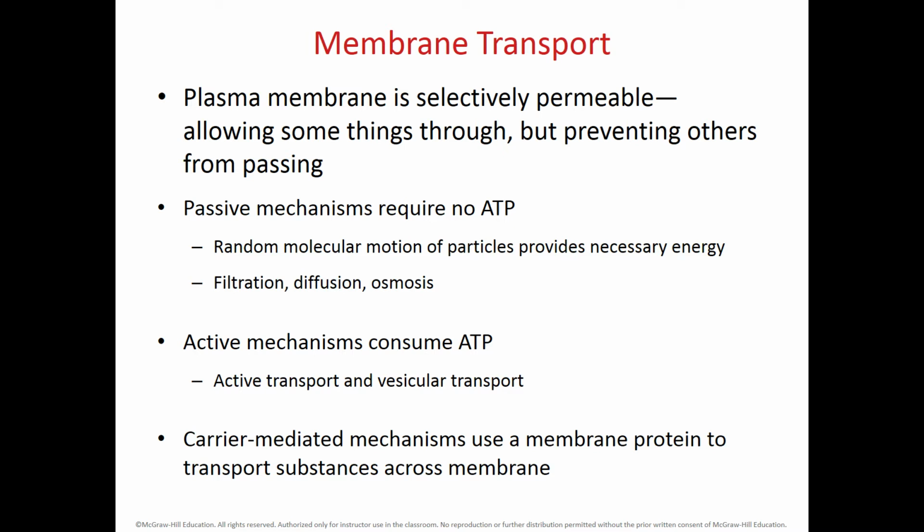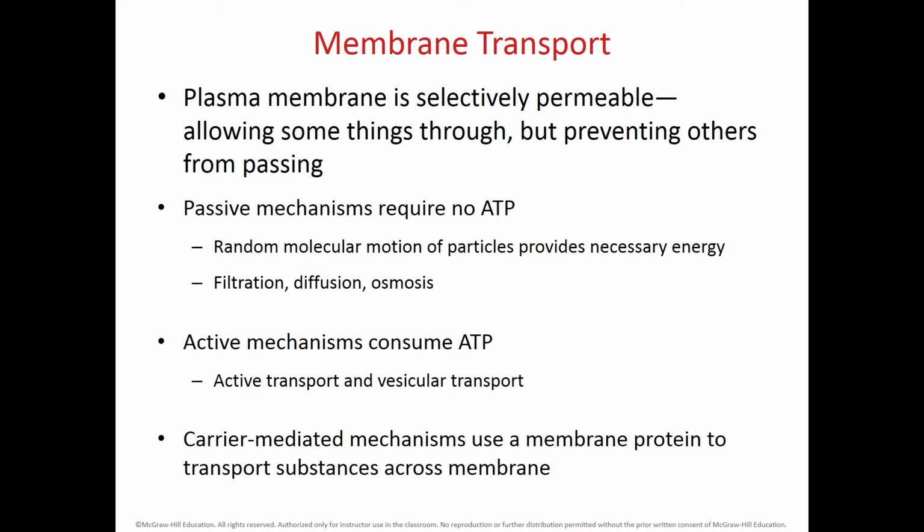This movement happens because within these molecules you have random molecular motion, and these particles will collide, and this provides the necessary energy for the motion of the particles so that they can be transported.